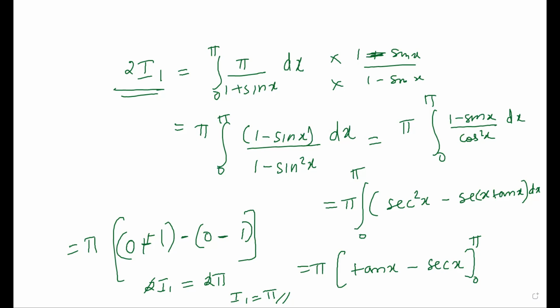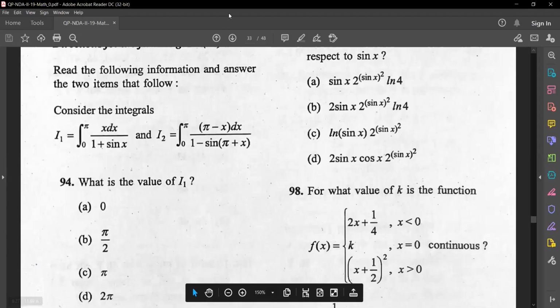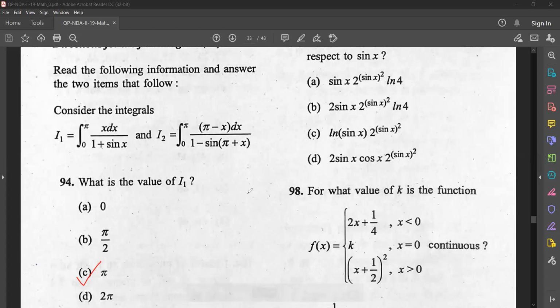Okay, so answer is I1 equal to pi. So coming back to the question paper, I1 is pi. Option C is the correct answer, pi. Now do the next part, that is the second question. See, this answer is pi. Okay.